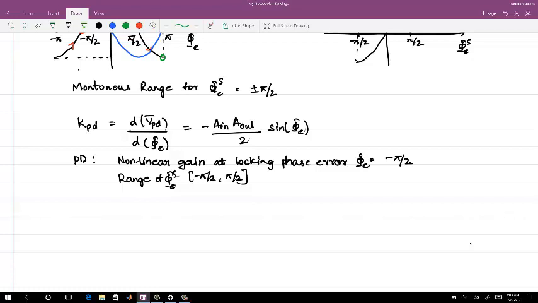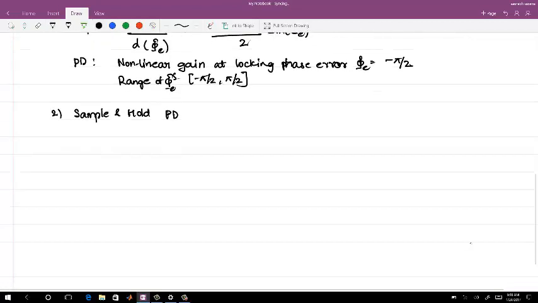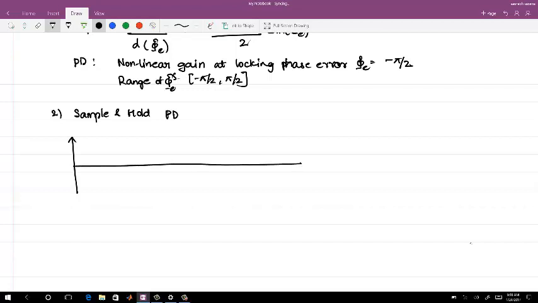Okay, so the next one is the sample and hold phase error detector. Now let me show you a very simple way: how can you detect phase error with a sample and hold circuit? Assume that these are sine waves, though they are not.